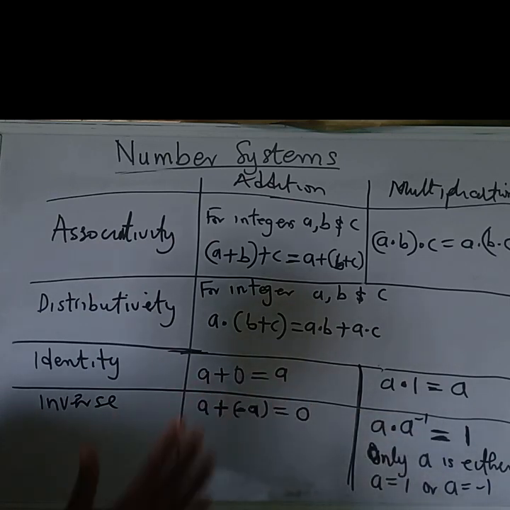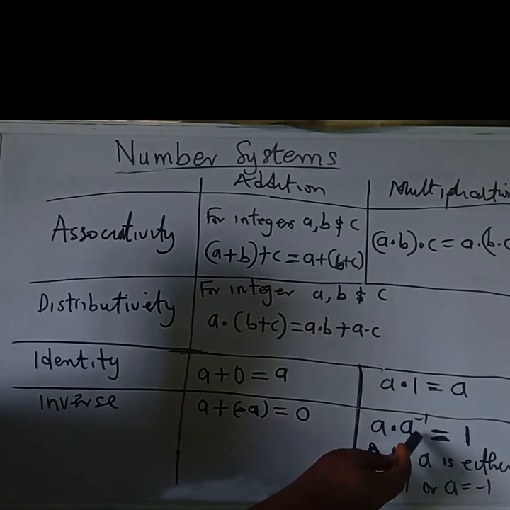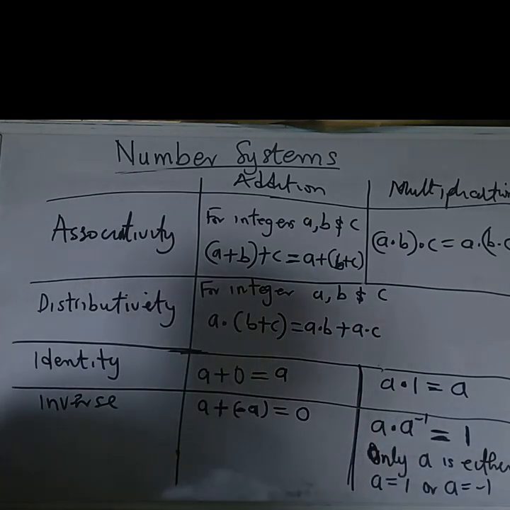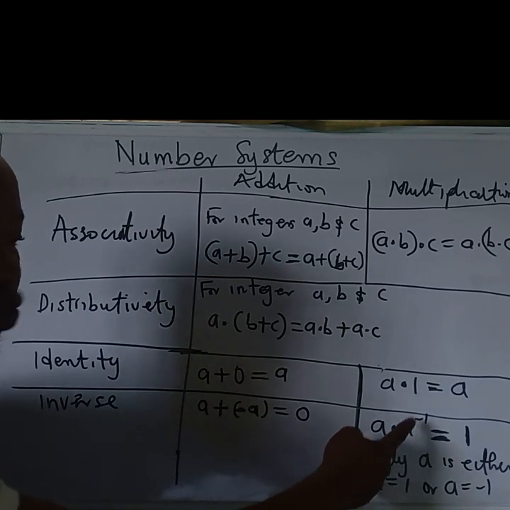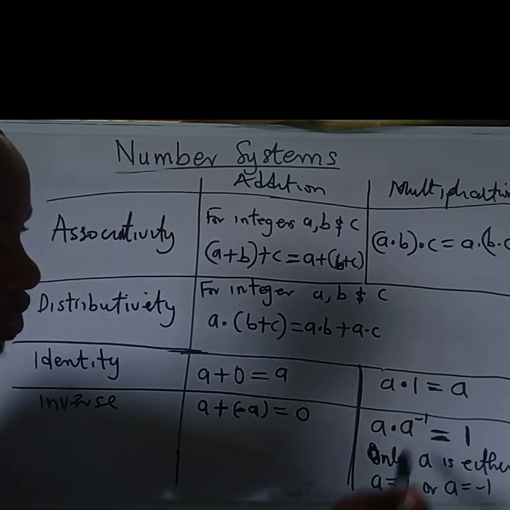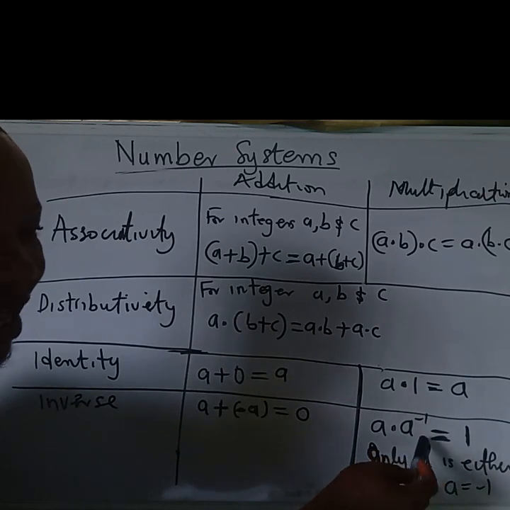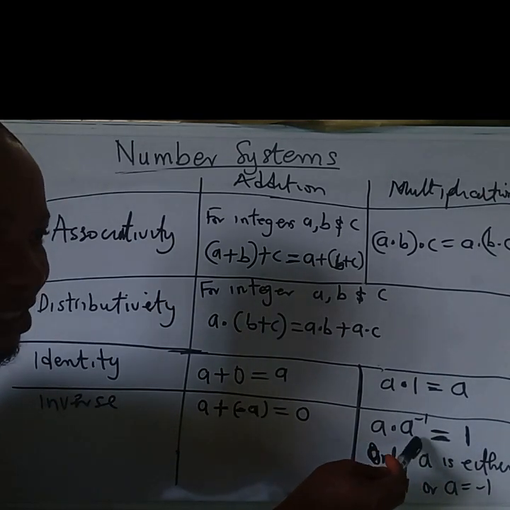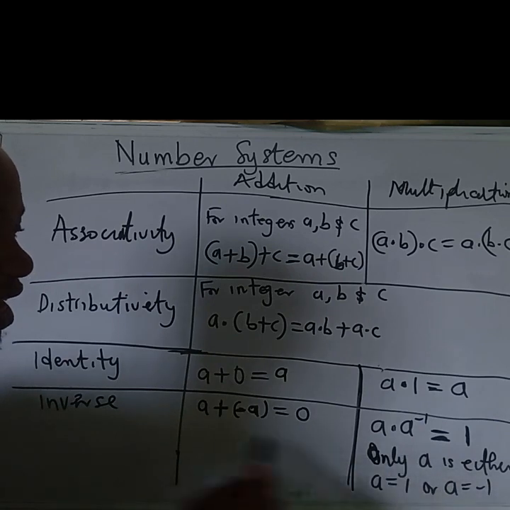Okay, so here we'll mark that the only invertible numbers are 1 and -1, because any other element is not allowed under the integer numbers. For example, if I pick a as 2, then 2 raised to the power -1 is 1/2. This number 1/2 is not an integer, and as such you can't use it to define the inverse law.